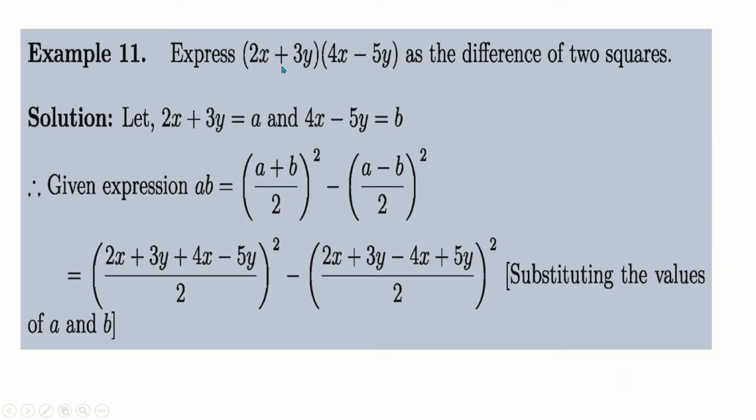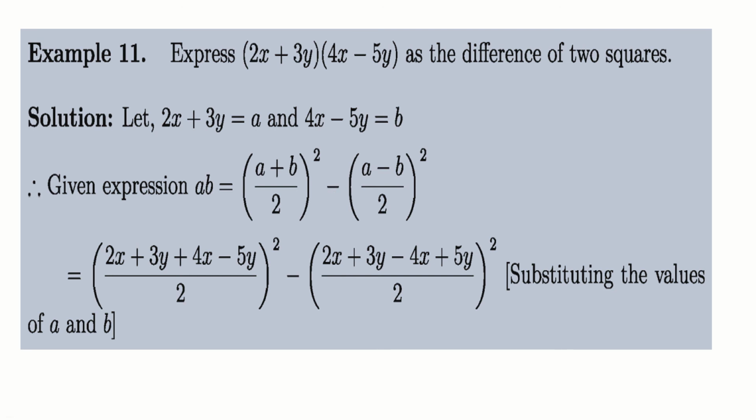Another math: express (2x plus 3y) into (4x minus 5y) as the difference of two squares. As the difference of two squares means both terms will be squares, but between them will be a minus sign. That is like, here is square, here is square, between them there is a minus sign.